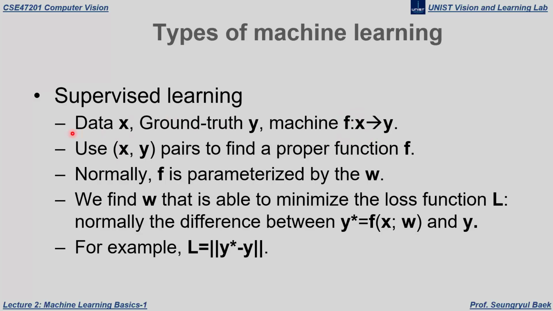When learning the machine f in supervised learning, we need X and Y pairs, which means we need ground truth Y. If we are using ground truth Y during the learning or training phase, we call that supervised learning.